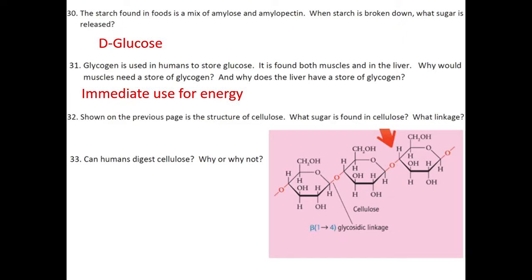When we move our muscle cells need the energy. So the glycogen will release glucose, and those glucose will enter the muscle cells and be converted to the molecule that contains energy, which is ATP, and we are going to talk about ATP later. Okay, that is energy currency for us. So this is why muscles need a store of glycogen.